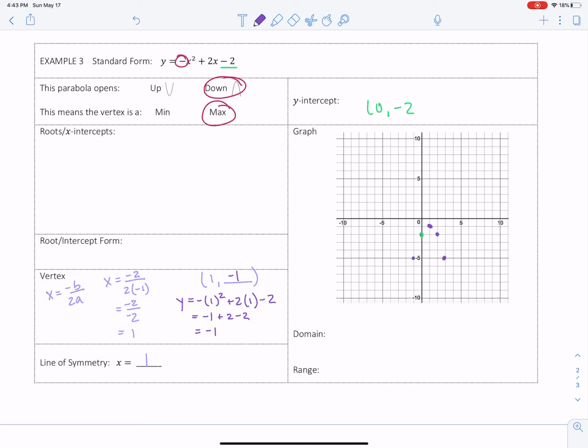Let's see if I can fit in this next one. Over 3, down 9. So 1, 2, 3, 4, 5, 6, 7, 8, 9. Oh, down here on the very bottom. And then we're going to make some nice curves through this parabola. Okay, now if you'll notice, this guy is not touching the x-axis.